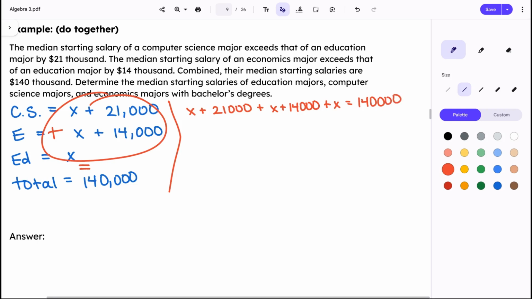Okay, let's look for like terms. I've got 3 X's here. So 3X, and I can combine the 21,000 and the 14,000. That becomes 35,000, and then I'm setting that equal to 140,000. What do I do now? Minus 35,000.